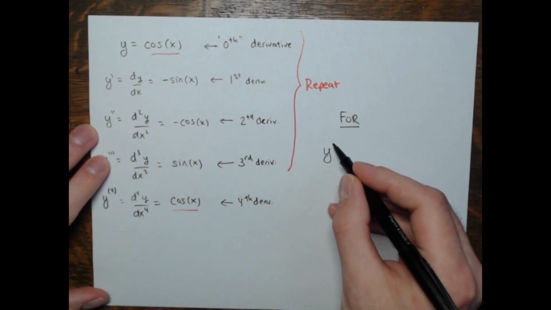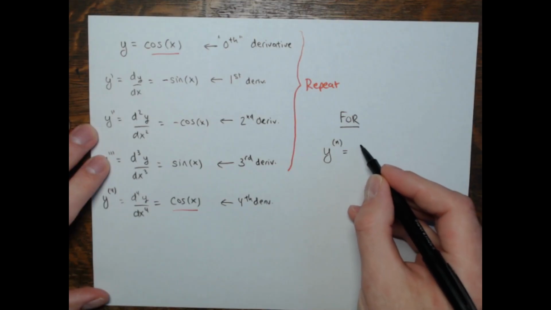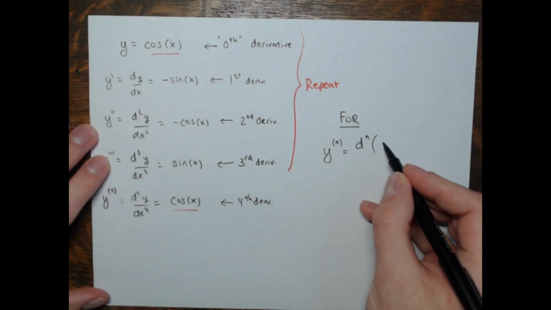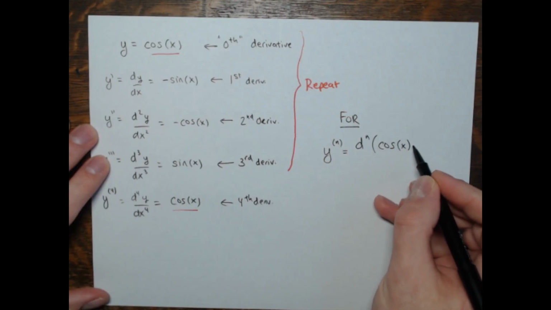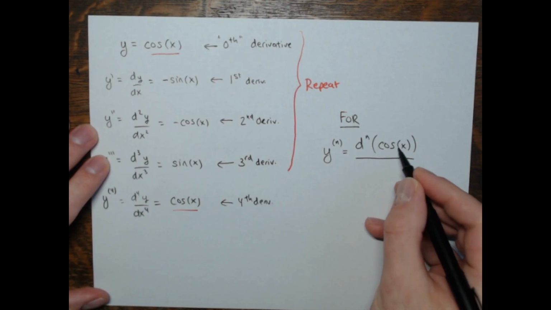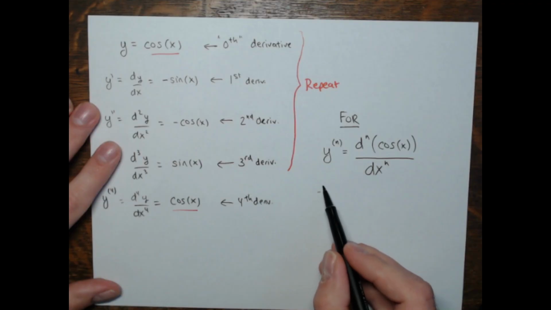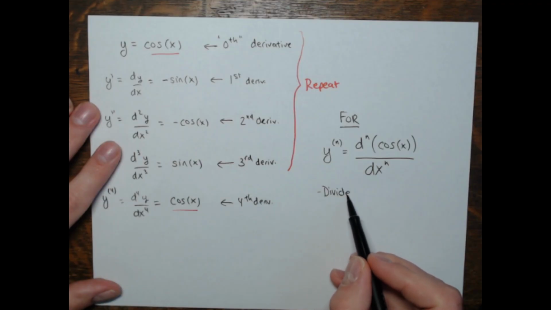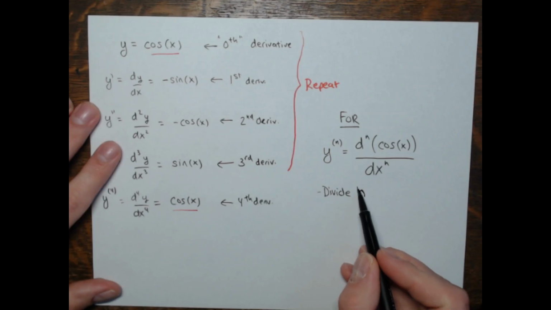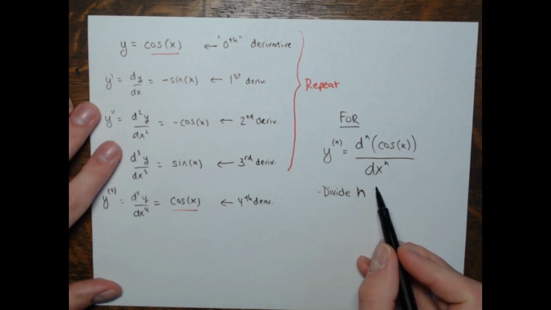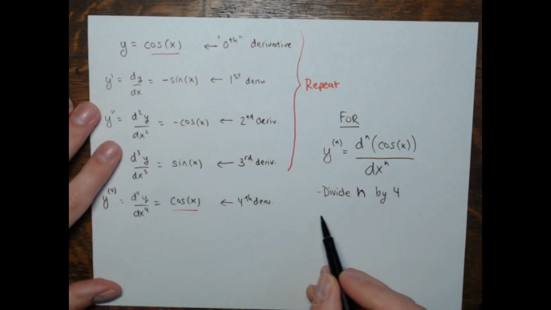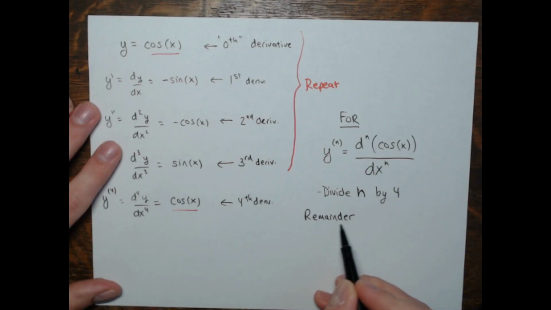So when you're doing the nth derivative, d^n of the cosine function over dx^n here, you divide n by 4. Take the derivative you're taking and divide that by 4, and then look at the remainder. What's left over?